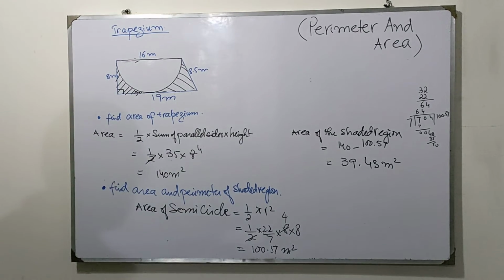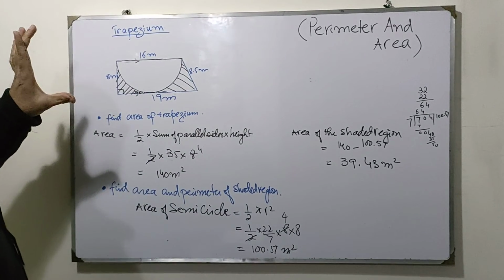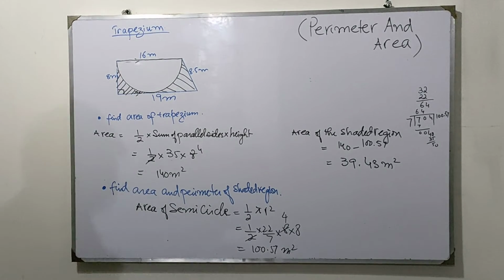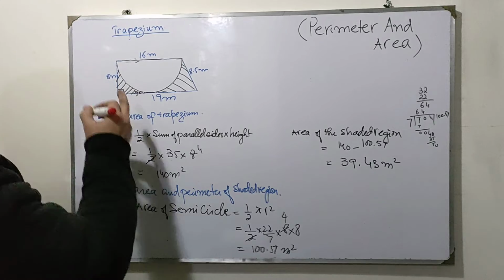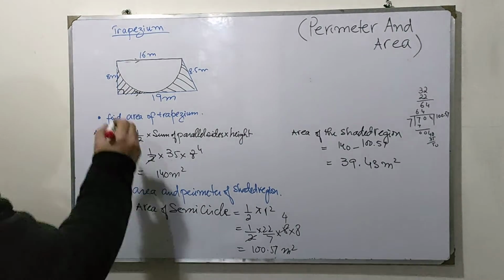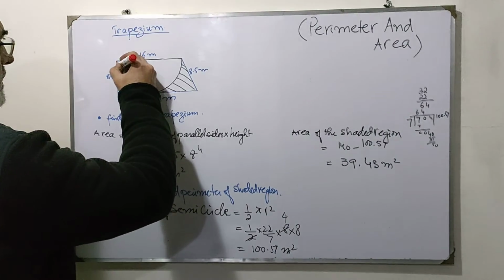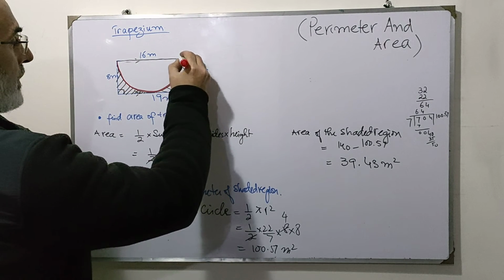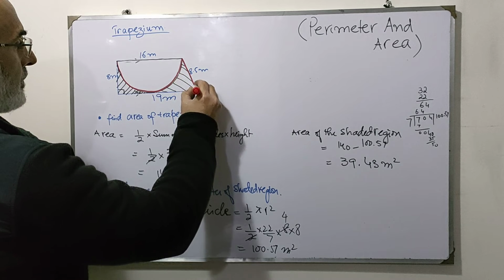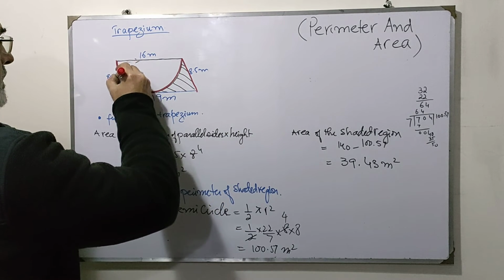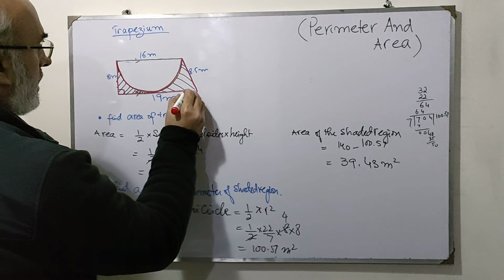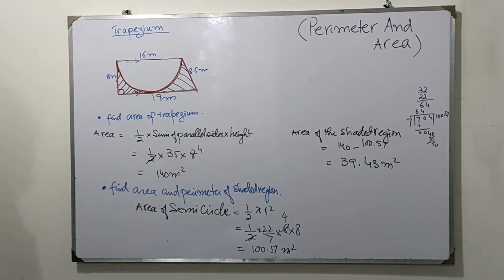Now, let's calculate the perimeter of the shaded region. And what is the perimeter of the shaded region? We're going to this side, then this, and this. This all is the perimeter of the shaded region.